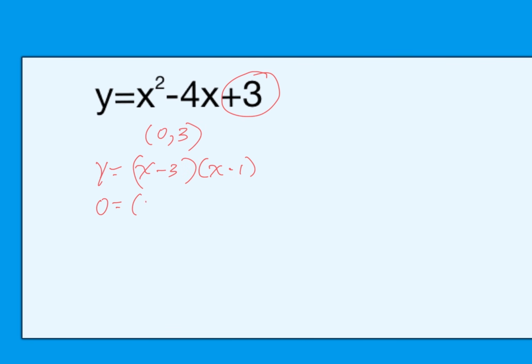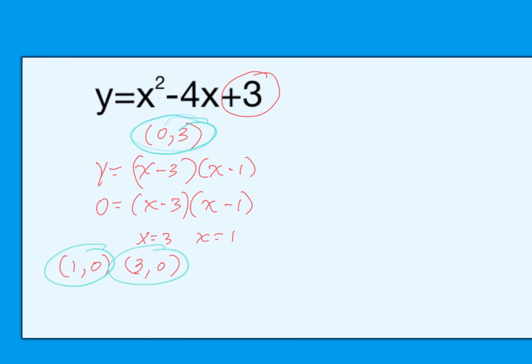Set it equal to 0, and we're going to get x equal to 3 and x equal to 1. What are the points? (3, 0), and I'll put this in numerical order, (1, 0), okay? Now, already we have three points.